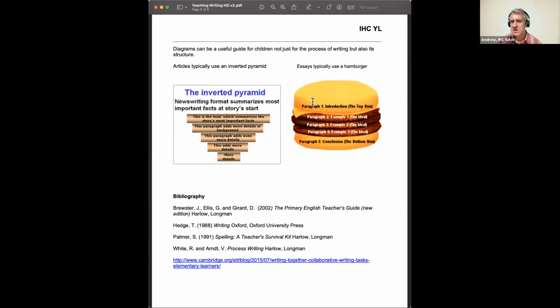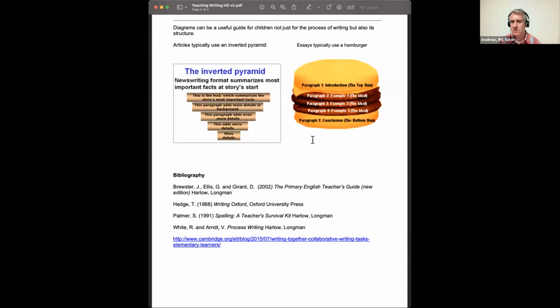However, essays typically use a hamburger. Right, so you have an introduction with different sentences within it, such as a thesis statement. And then paragraphs 2, 3, and 4 usually develop the themes in the thesis statement.